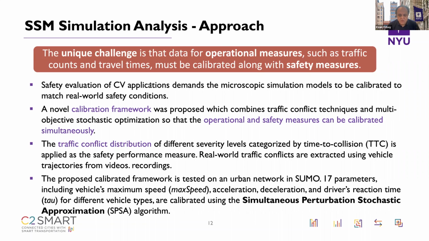The unique challenge is that in this case, we're not only calibrating for operational measures using travel time or traffic counts, but also for safety measures. How to do that? We proposed a new calibration framework which combines traffic conflict techniques with multi-objective optimization, so that we can do this joint calibration, or joint optimization, basically. We have traffic conflict distributions of different severity levels categorized by time to collision, which I mentioned.